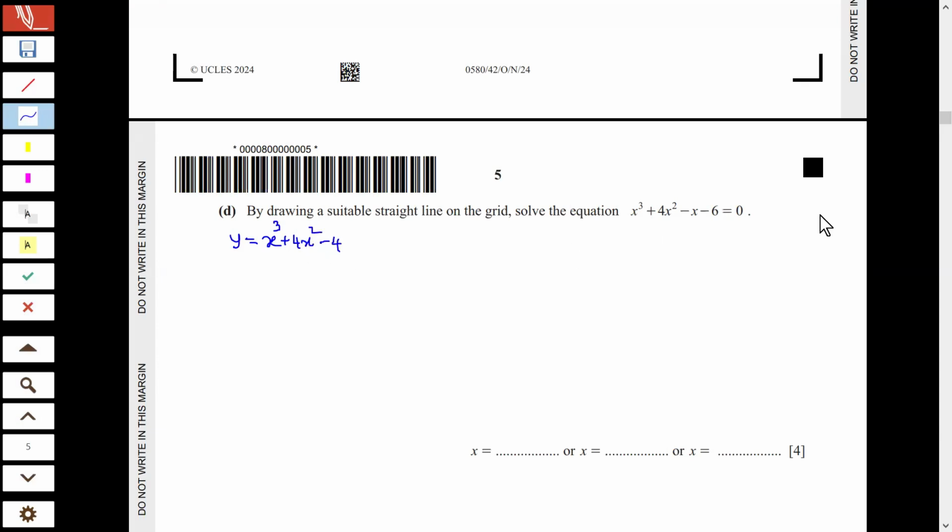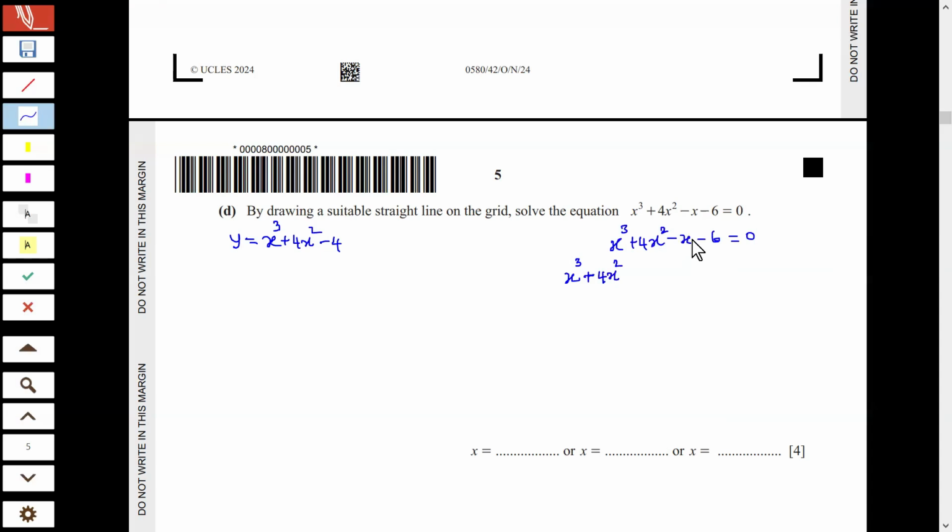minus 4. Now, in order to solve this equation, we'll have to rearrange it in the form of the original equation. So here we have x to the power of 3 plus 4x squared minus x minus 6 equal to 0. First and foremost, I write x to the power of 3 plus 4x squared.